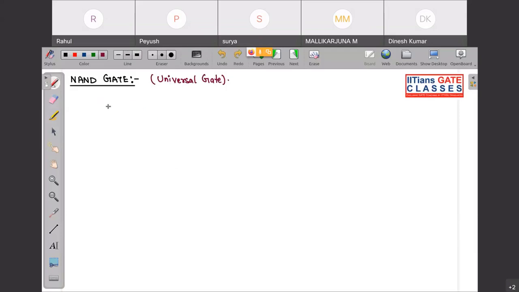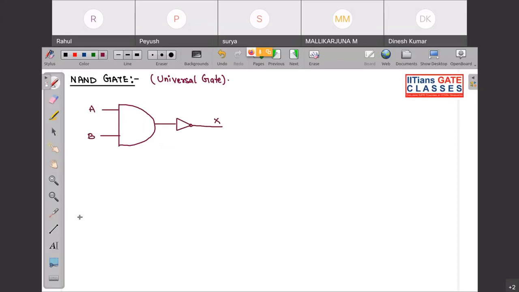Now the symbolic representation of NAND gate, sorry, this I was drawing NOR gate. So NAND gate is basically what? AND gate plus NOT gate. Plus means not addition, means it is combination of AND gate as well as your NOT gate.